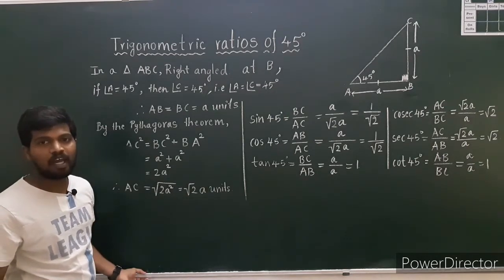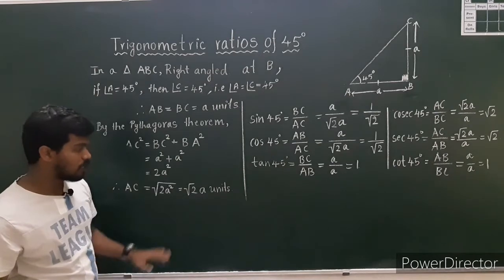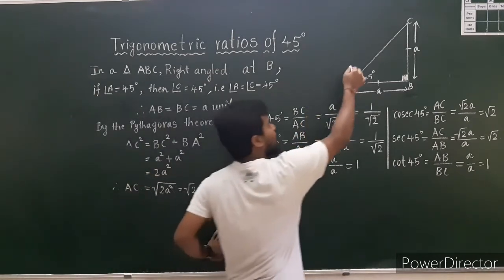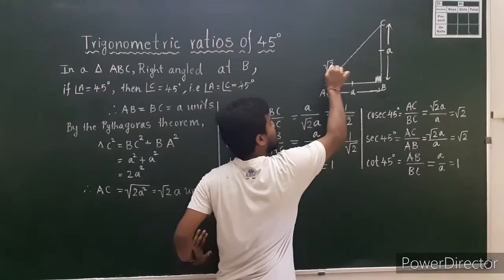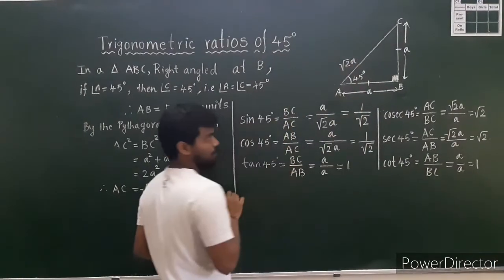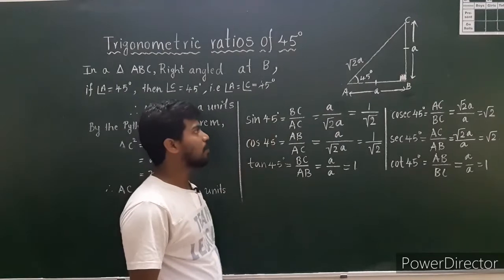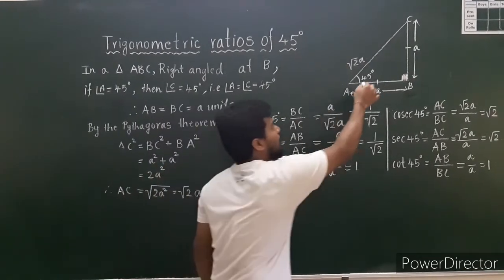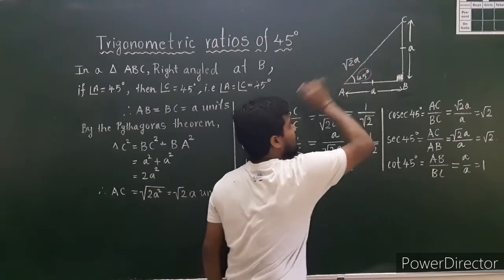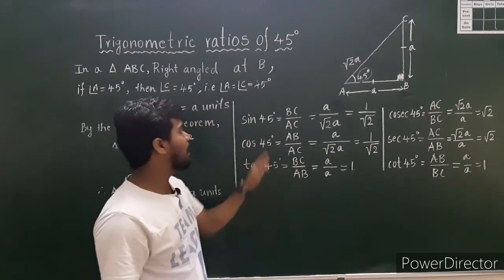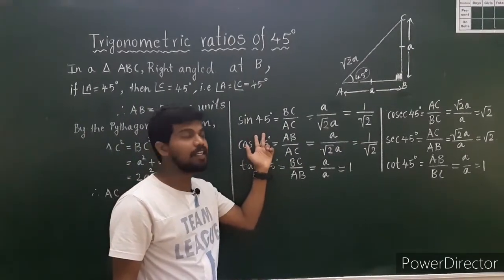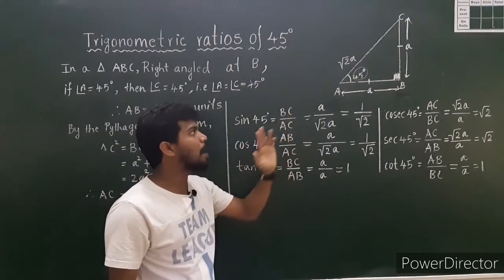Now we have to find the trigonometric ratios. Since you know all the sides of the right angle triangle, the hypotenuse is root 2 a. What is the definition of sin theta? Now theta has become 45 degree. Sin theta is opposite side by hypotenuse.